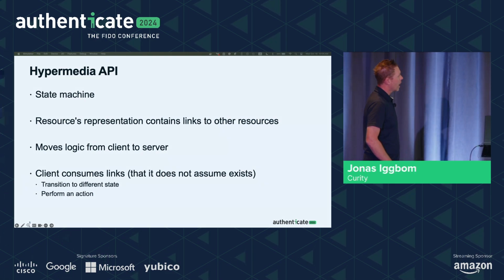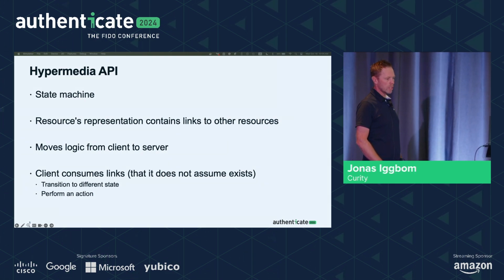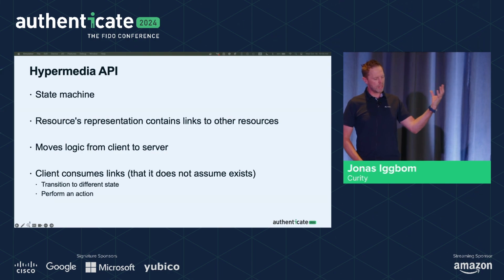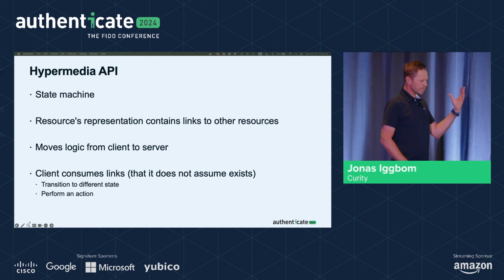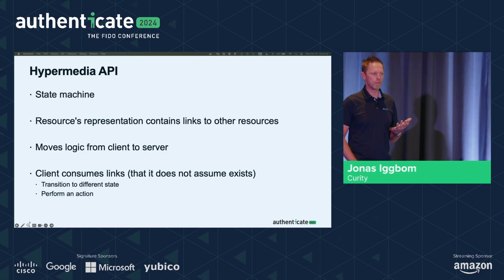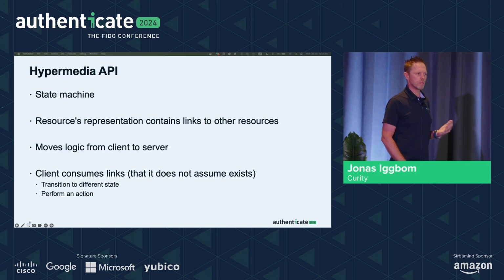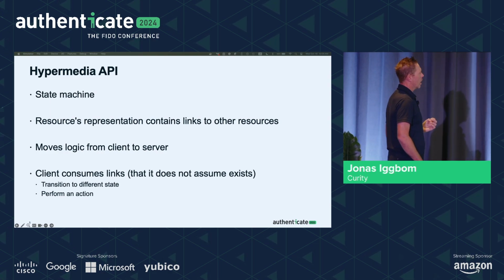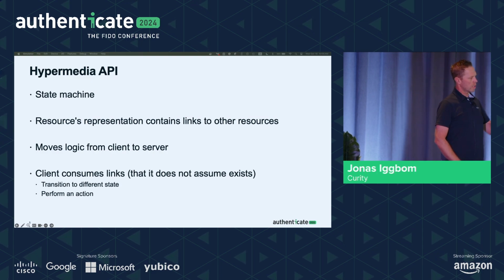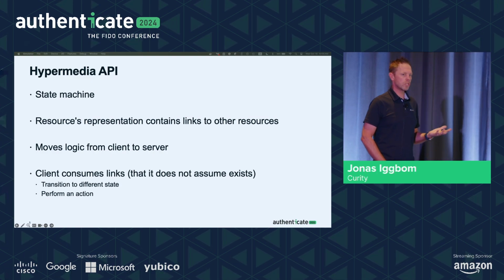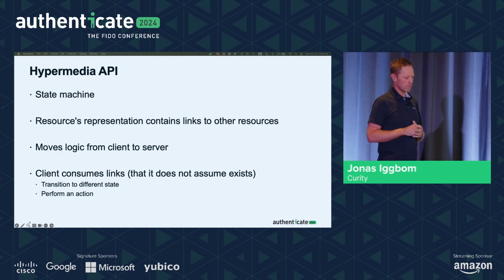So a Hypermedia API in general is essentially a state machine. It takes information that comes from the resource server. And if we think about this from an authentication perspective, the resource server is actually the authorization server. It's the OAuth or OpenID Connect provider. We're going to get a response from that contains essentially links to other resources.